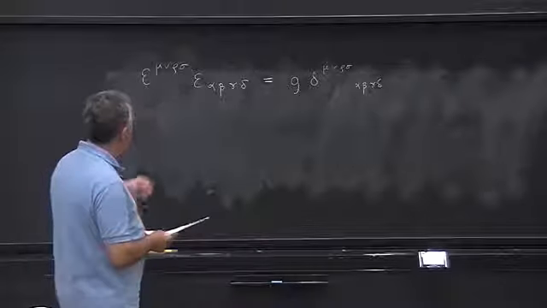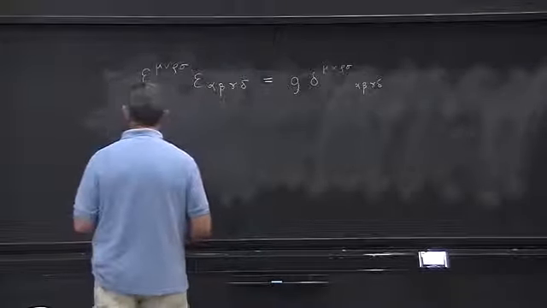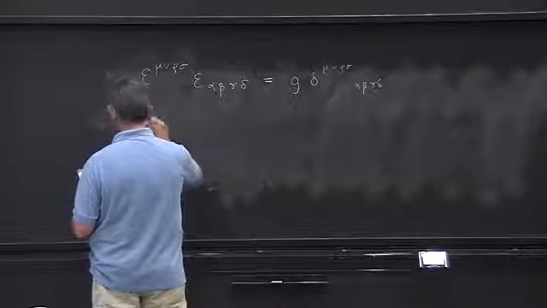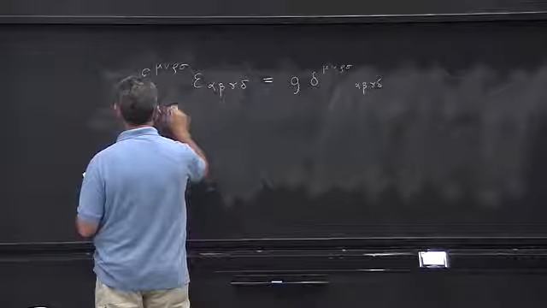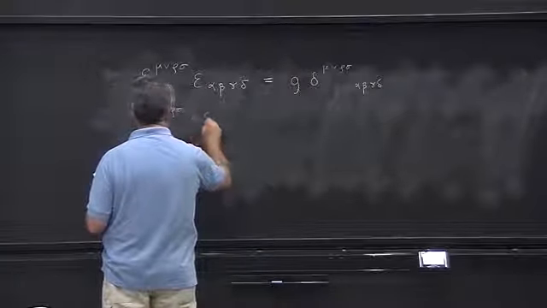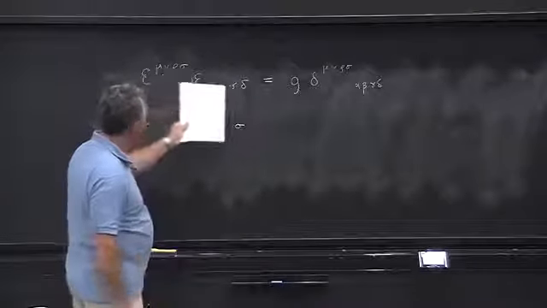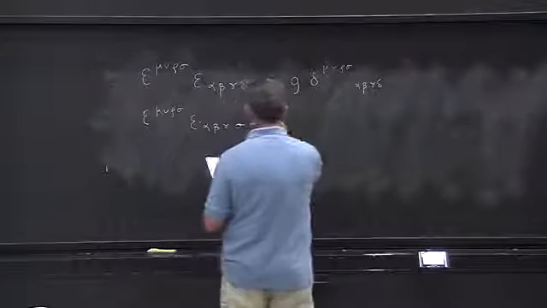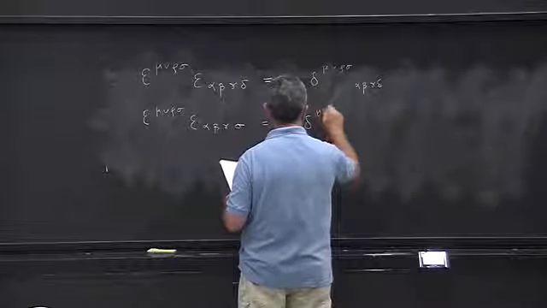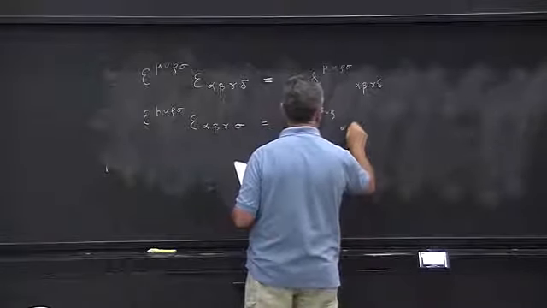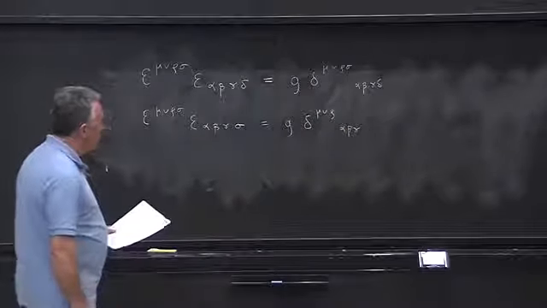And I can get identities by contracting indices. So let me take mu, nu, rho, sigma, and alpha, beta, gamma, and trace over the sigma and the delta. This gives me G times 3 Kronecker delta products.